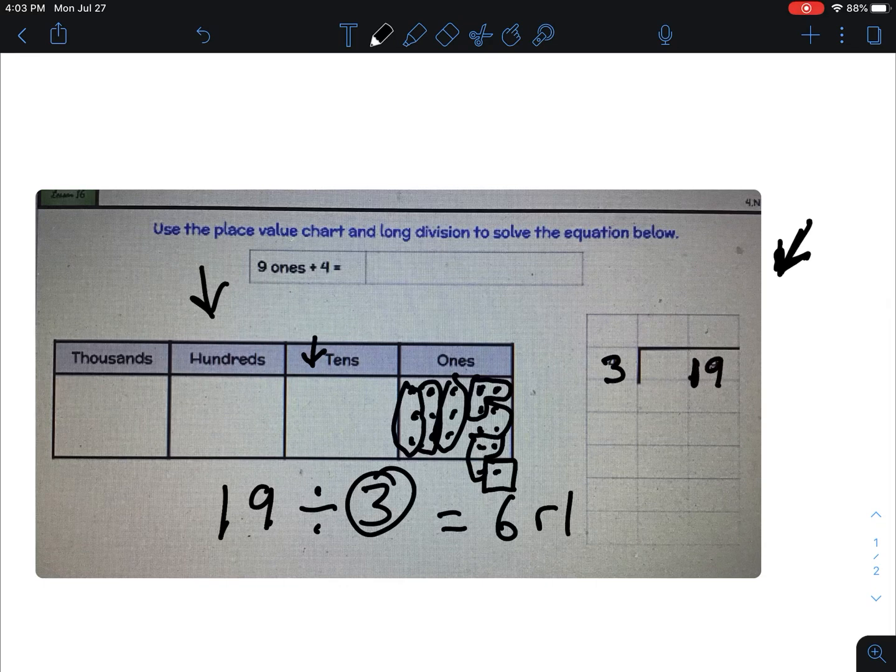And then showing you that over here, let me write over this, showing you that with the long division or algorithm, same thing. I can count by 3s, 3, 6, 9, 12, 15, 18. Can't do another 3 because I'll go past 19.